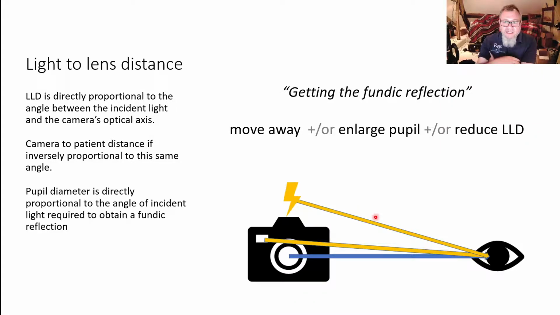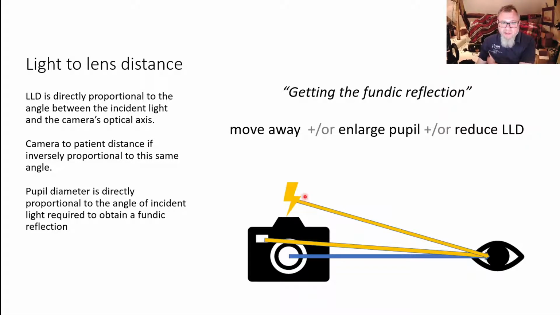But with our cameras, the issue is about how far our lens is from our flash. With a compact camera, which you may have somewhere at home, you often have a flash very close to the lens. Compact cameras are often very good for getting those lovely fundic reflections and the detail we talked about in the previous slide.